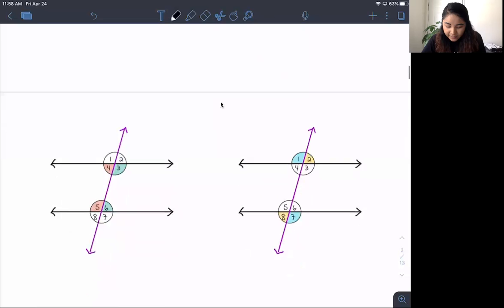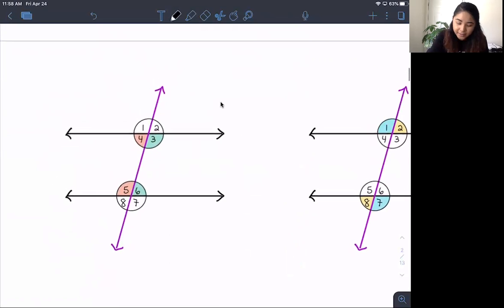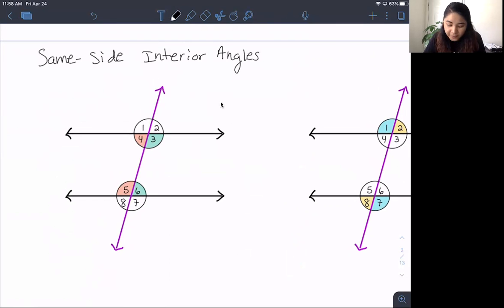Then we have same side interior angles. That means these are angles that are on the same side of the transversal, right? Angle 4 and angle 5, they're on the left side of the transversal. They're both on the left.